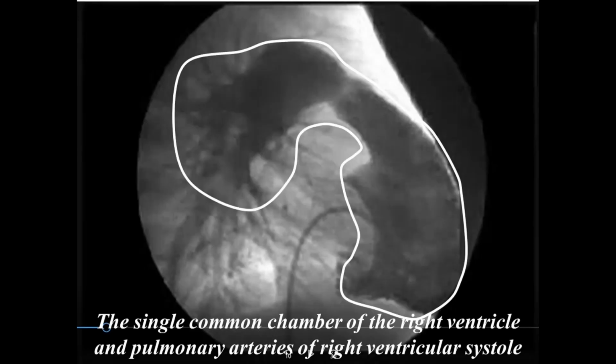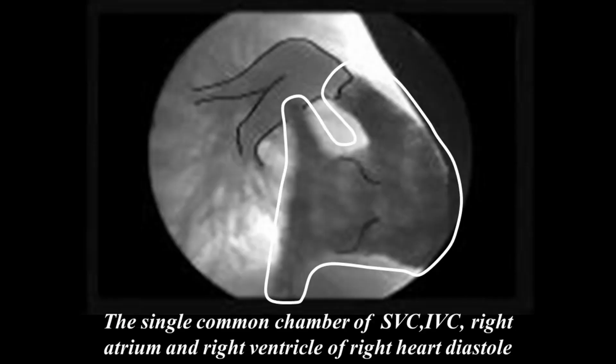And here we see what I like to call the single common chamber of the right heart in systole, and we must emphasize that this is very distinct from, very different from the single common chamber of the right heart in diastole. To explain this concept, consider this. Let's talk about the right ventricle. In diastole, the tricuspid valve opens.